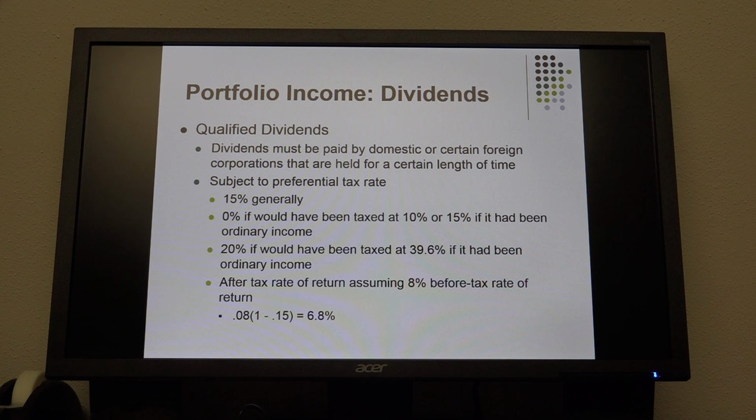So it's going to be 85% of 8%, or in this example, 6.8%. Non-qualified dividends are taxed as ordinary income.